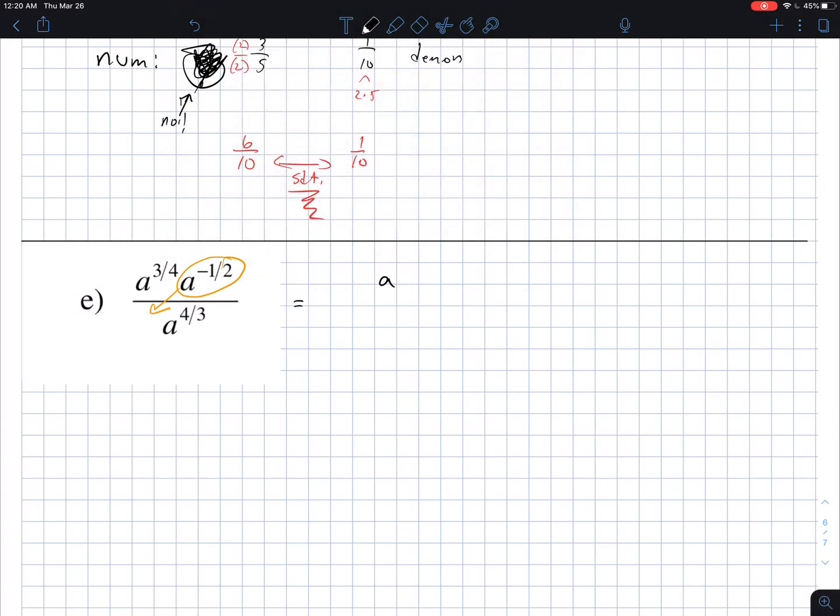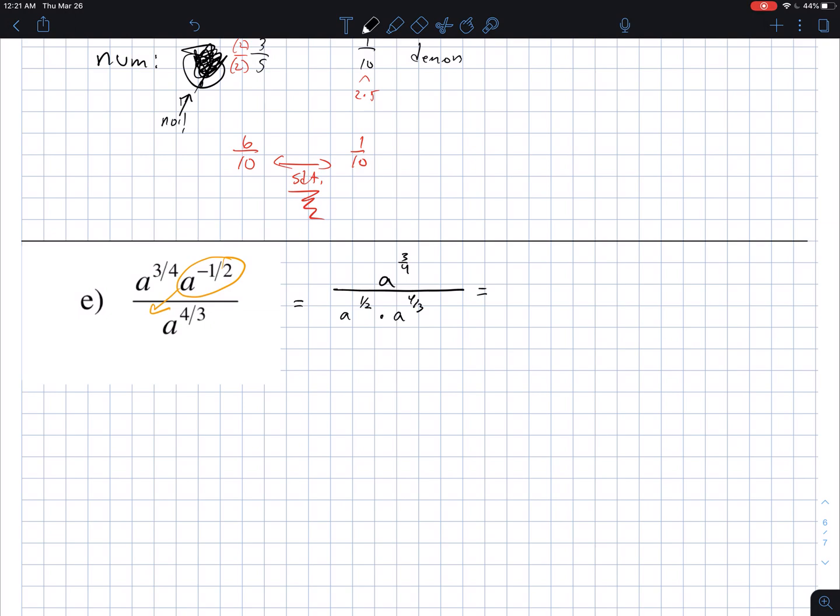So this is really a to the 3/4 divided by a to the 1/2 times a to the 4/3. So we just have to find a common denominator between a half and 4/3, right? So 2 and 3, that's going to be 6.